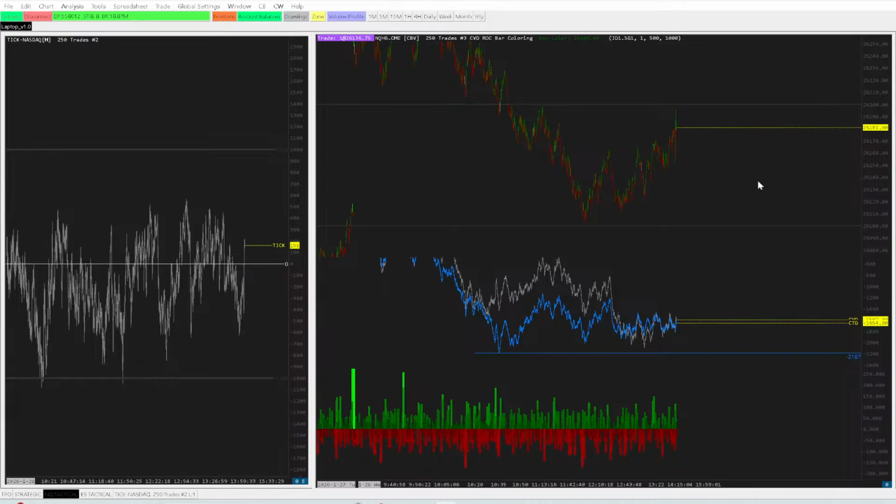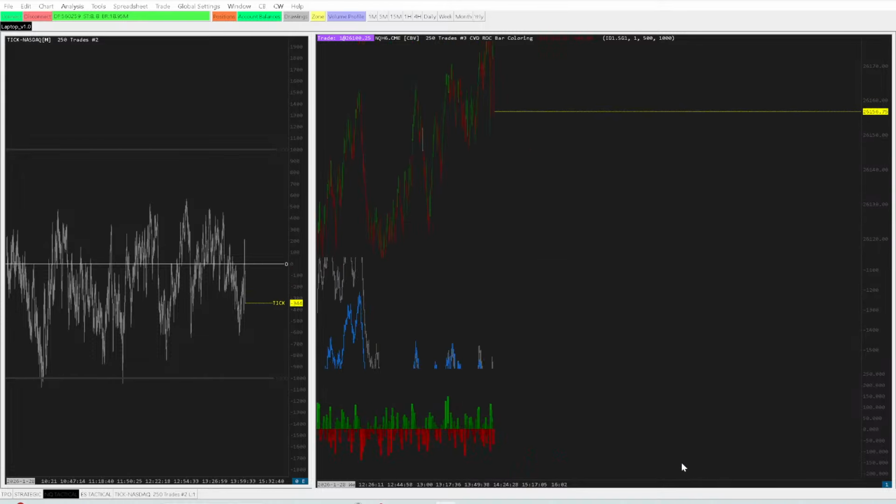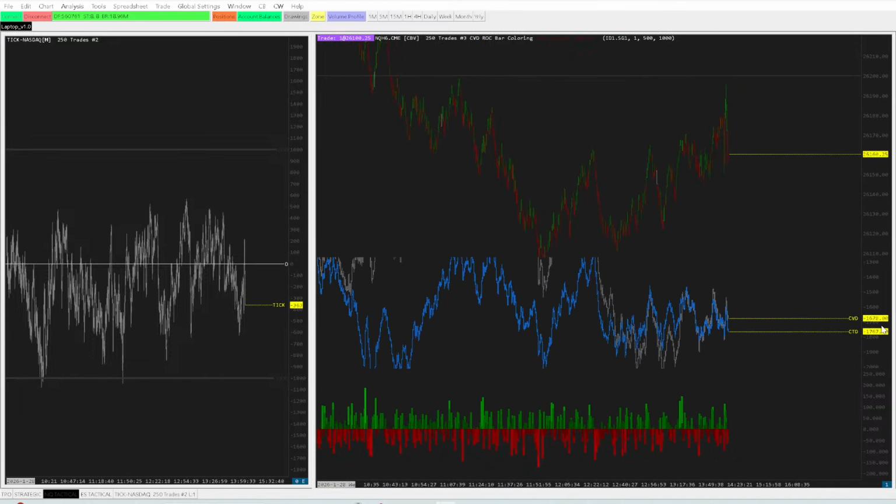I just happened to be long from down here still. Or I'm sorry, I entered it up there because there was a little bit of laminar order flow movement, but it didn't really do anything. So let's see what we get here. I'm going to zoom in just a little bit.